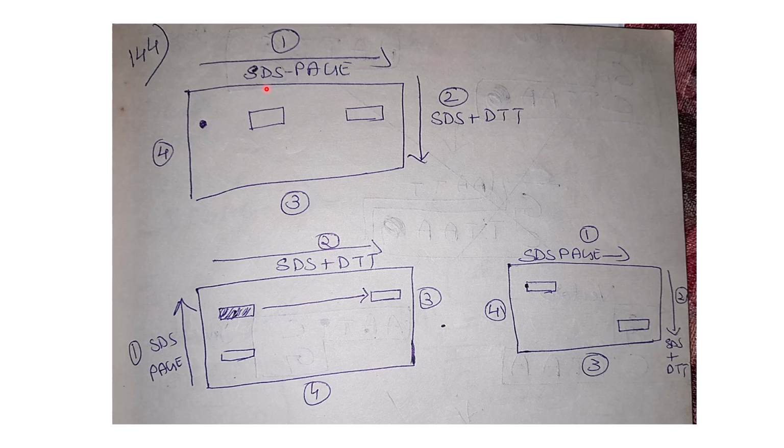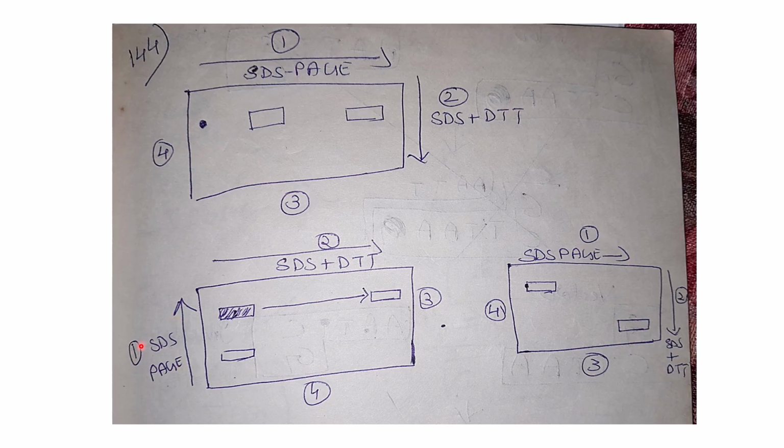So in this figure, when you do the first dimension, that is in this direction, you apply the sample over here. This is the wells, and you get two bands, one band over here and one band over here. Then you rotate the gel, and you do the SDS DTT run. So this is the SDS page run. See here, I have marked it 1, 2, 3, 4.